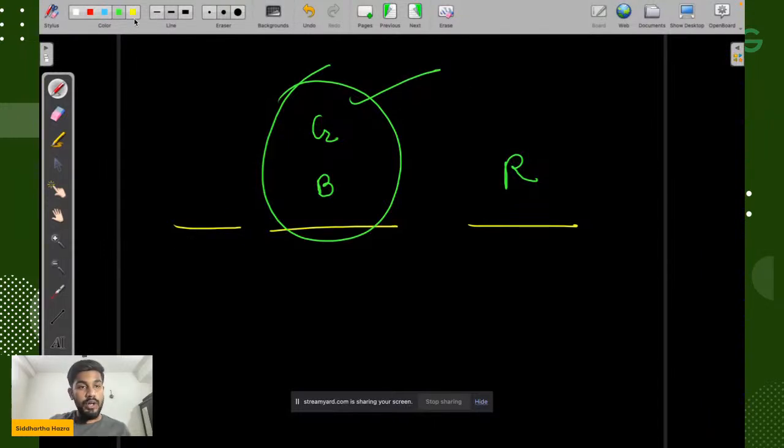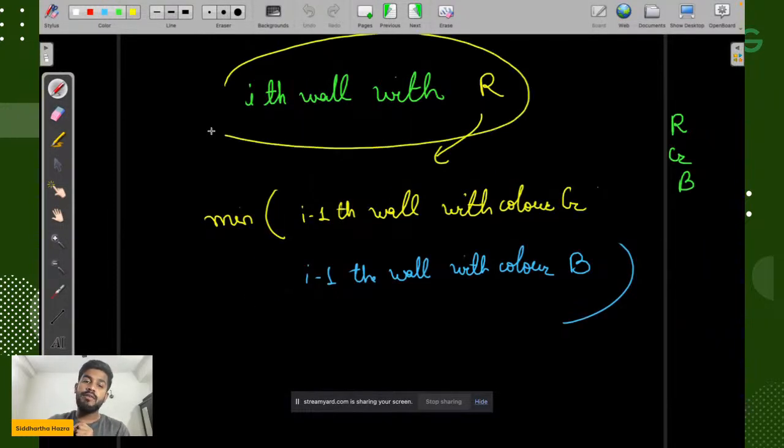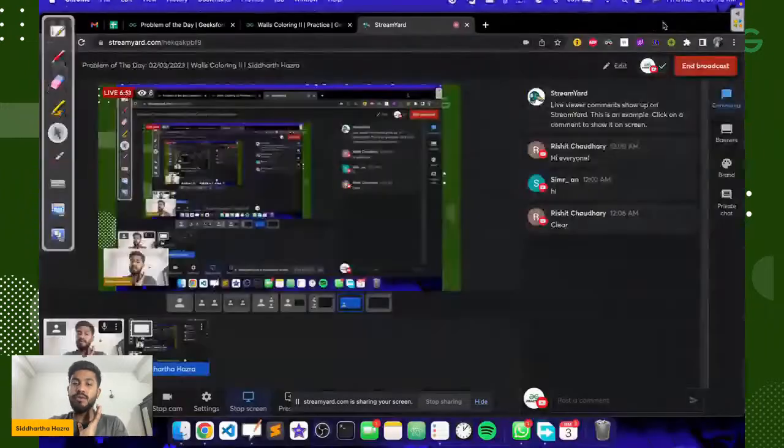That is why I am taking the minimum of G and B of i minus 1. To paint the wall with the red color, I am taking out the minimum of G and B.